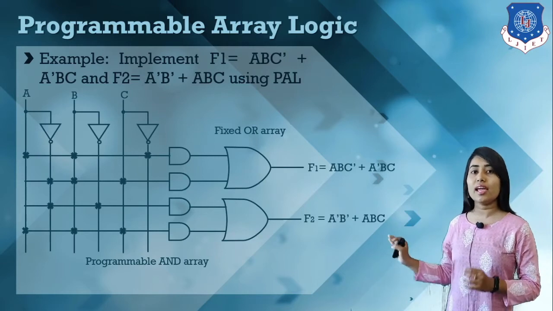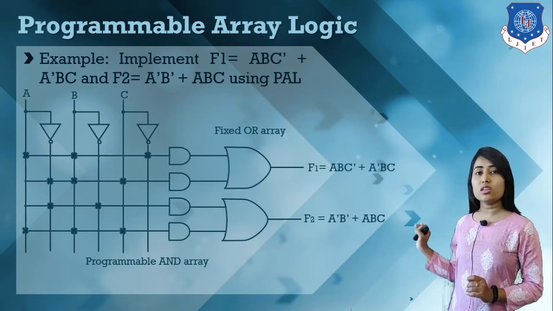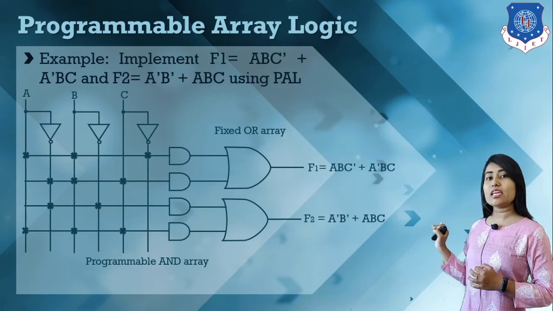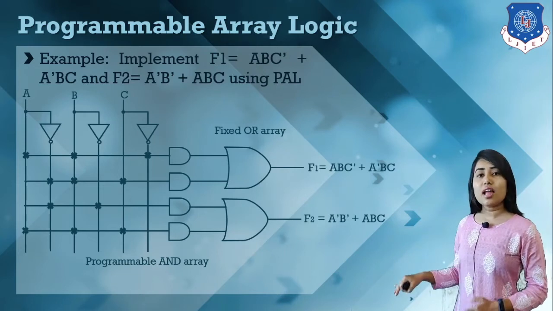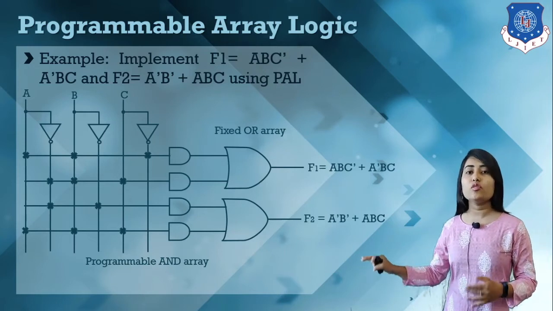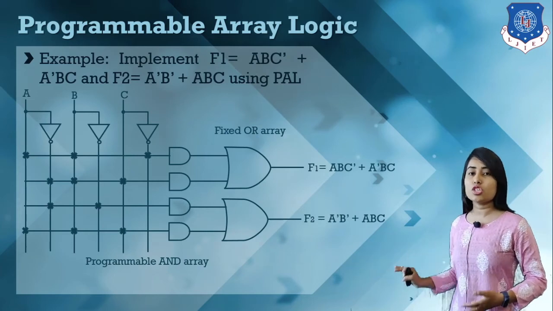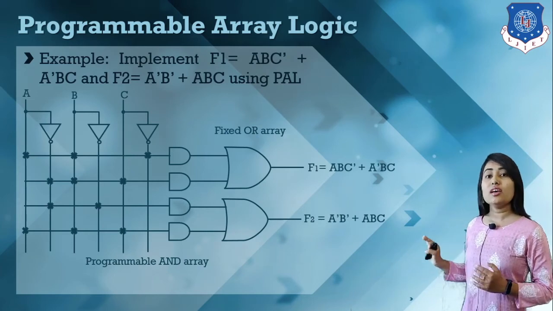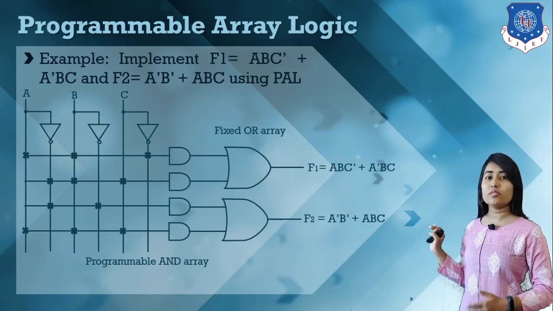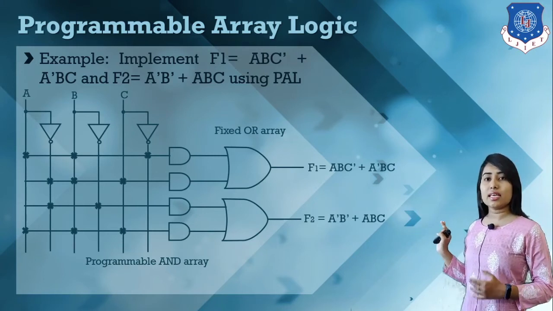The last AND gate is connected with inputs A, B, C, and these 2 AND gates are connected with this OR gate. So here we have A dash B dash plus A B C.